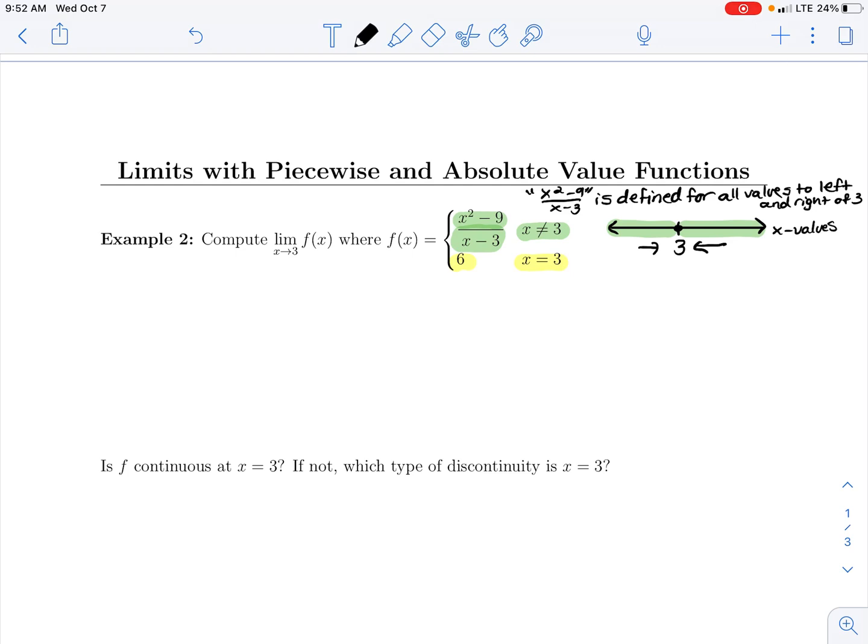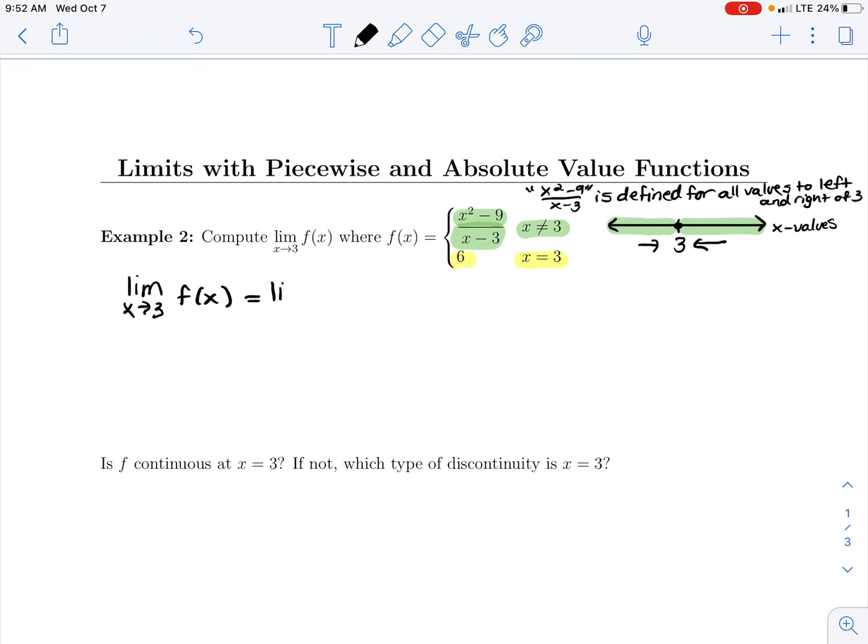So the limit as x approaches 3 of f of x is equal to the limit as x approaches 3 of x squared minus 9 over x minus 3.